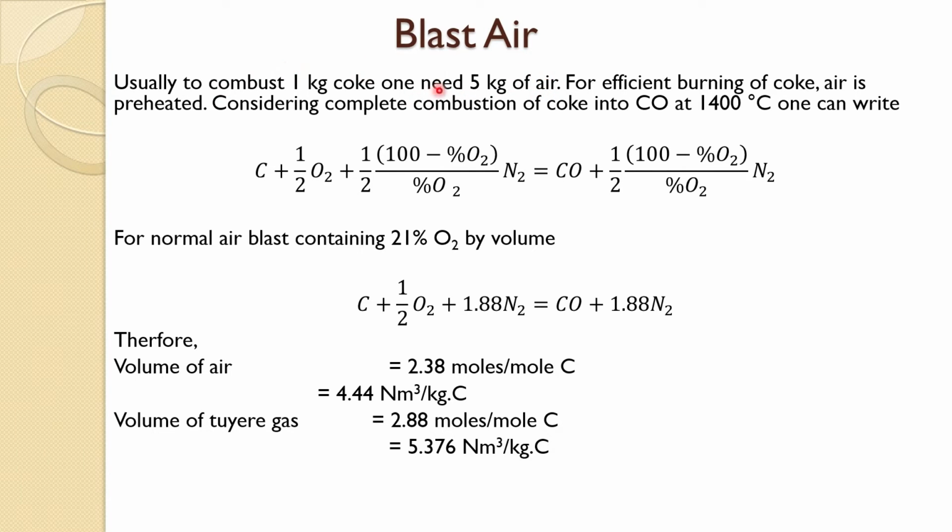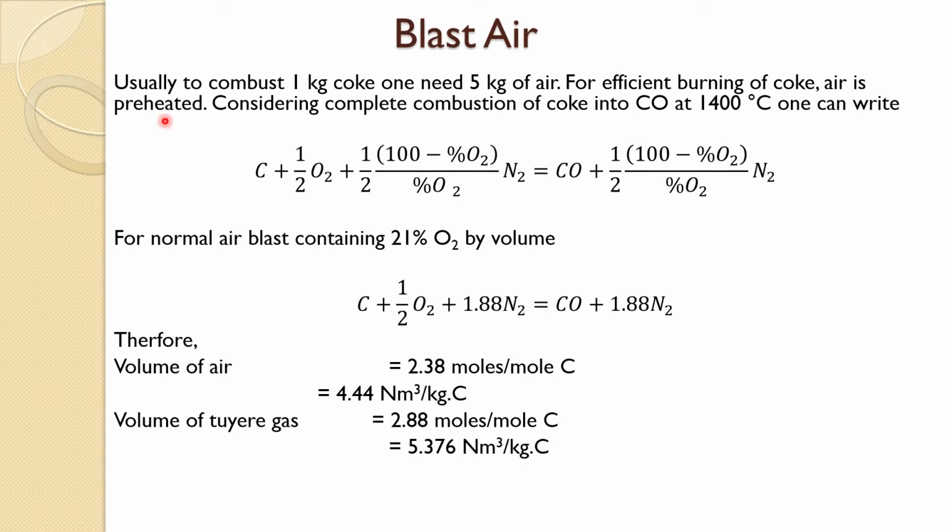And remember, in this 5 kg of air, 80% is nitrogen, which takes away your sensible heat and increases the fuel rate, the coke rate, which you really do not want. So, it is always good to heat the blast air for reducing the coke rate and efficient burning of the coke.